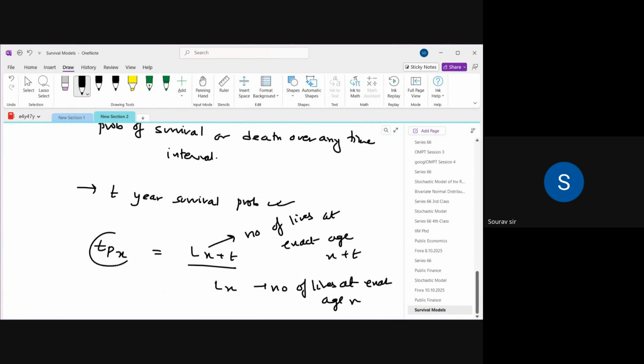To conclude, tPx means the probability that a person aged x survives for t more years. Out of all people aged x, a fraction is still alive at age x plus t. That represents a chance of surviving.